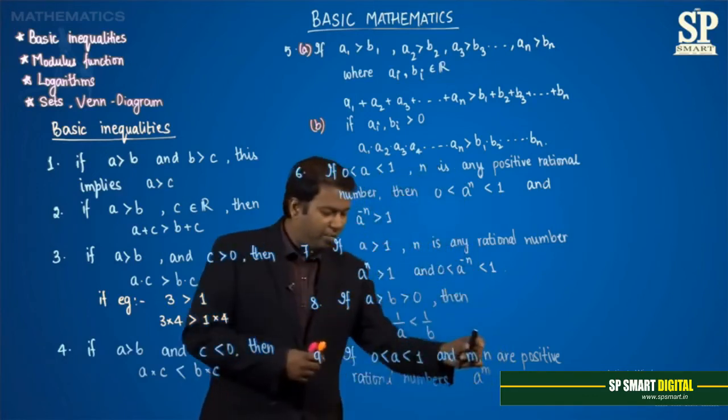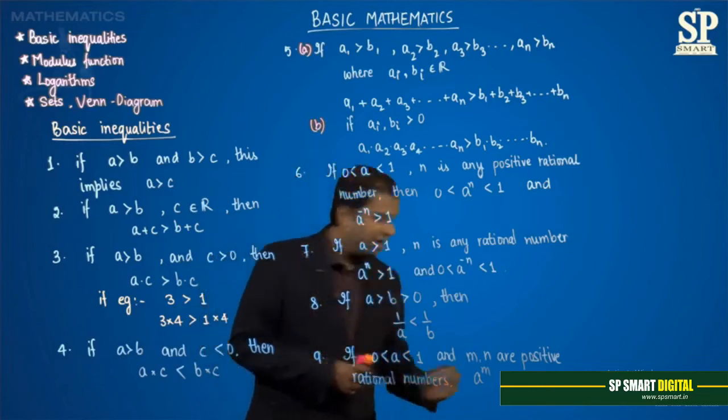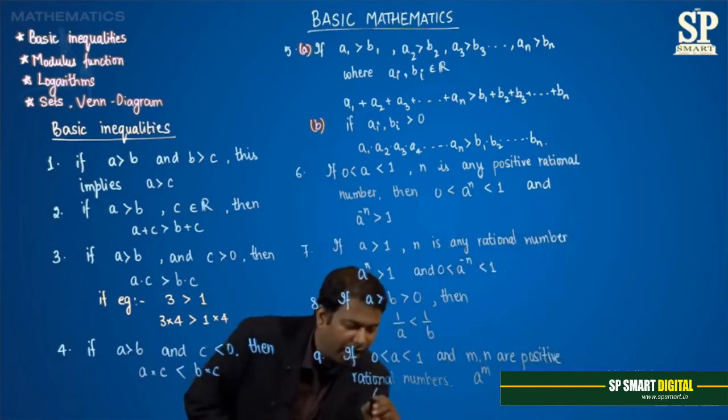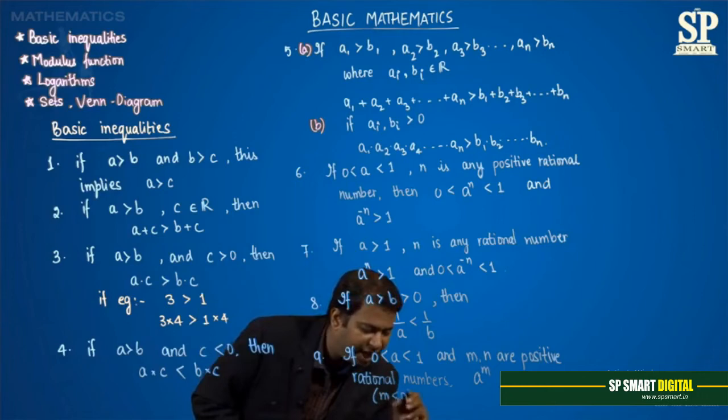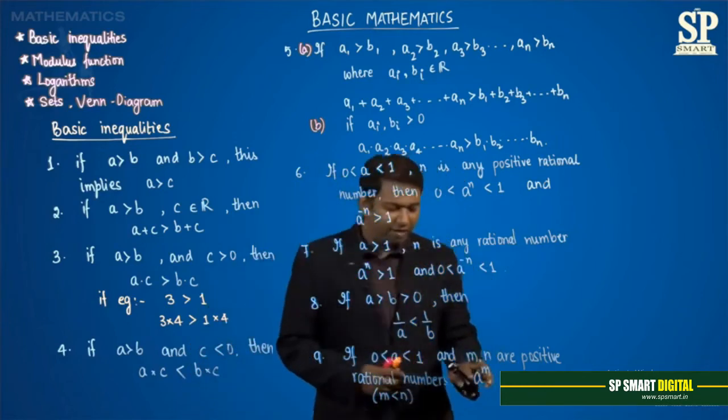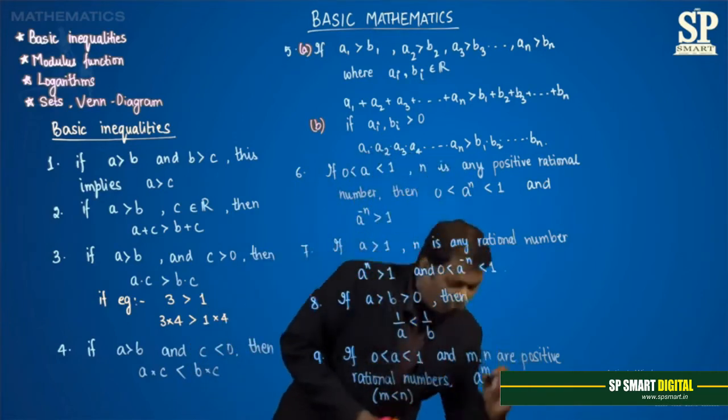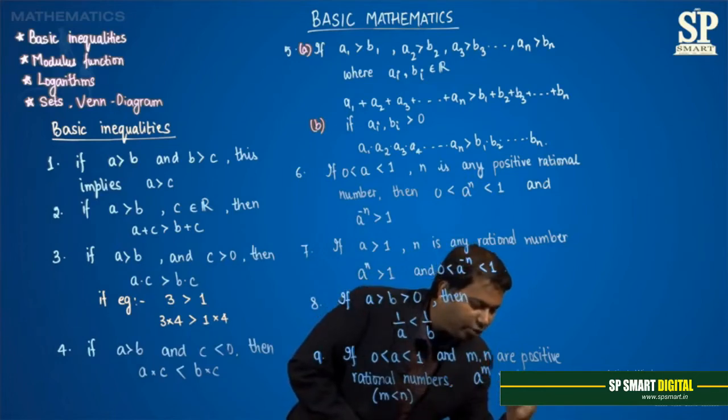Now if m and n are two positive rational numbers such that m is less than n, then we can have a raised to m greater than a raised to n.